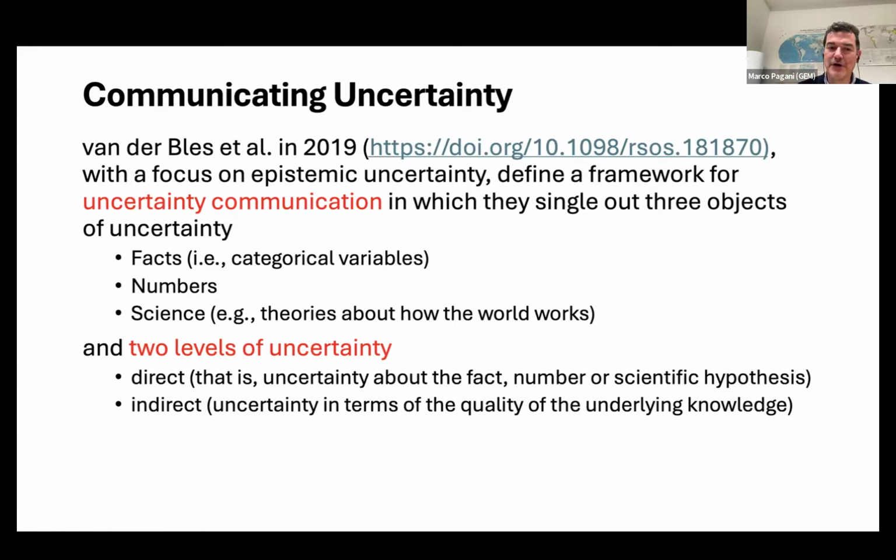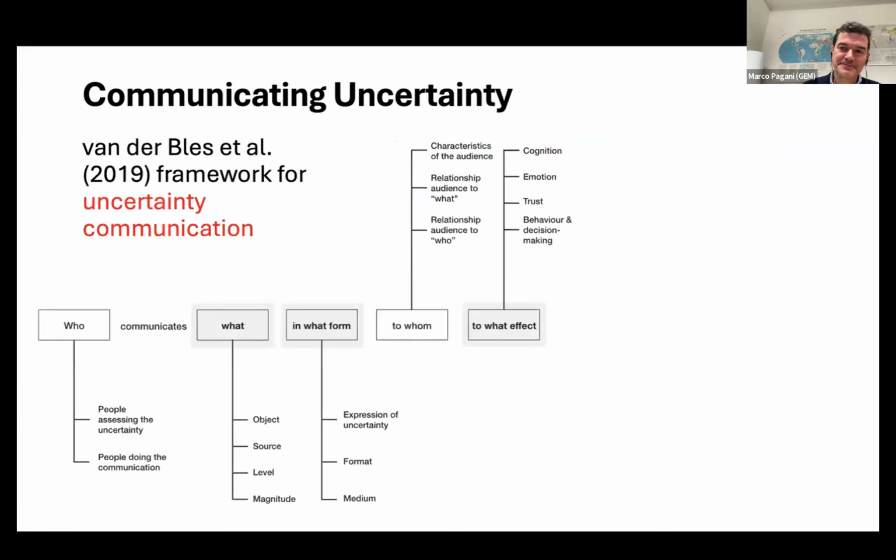Because clearly, if you are using science that is affected by large uncertainty, by consequence you might also say that the results that you are calculating are also affected by large variability. This is the scheme through which they are explaining a way to communicate uncertainty.